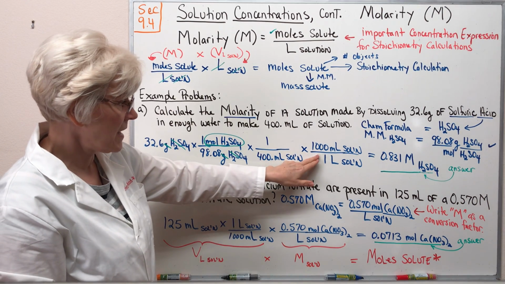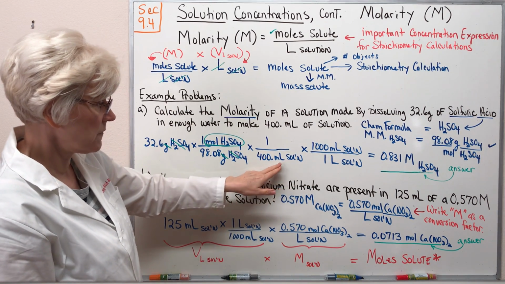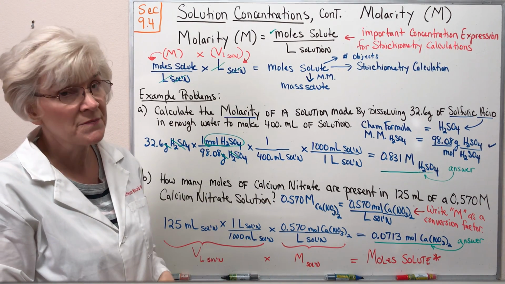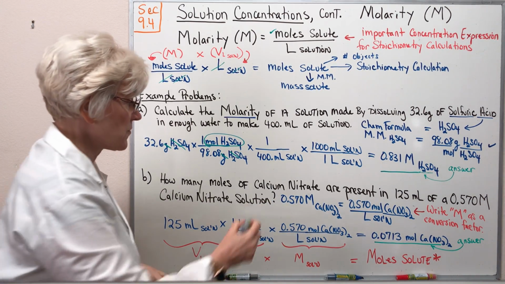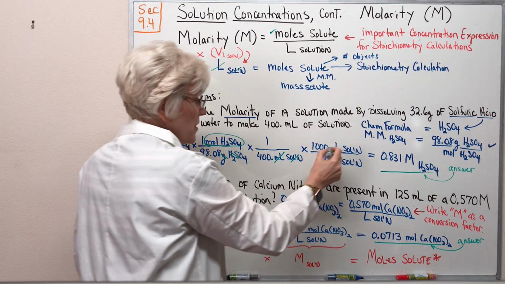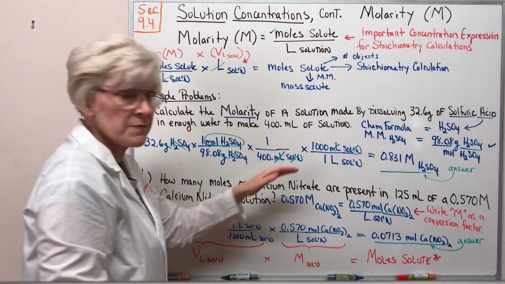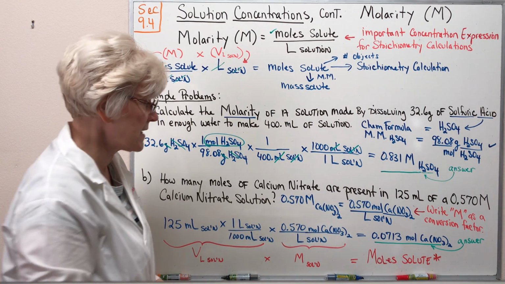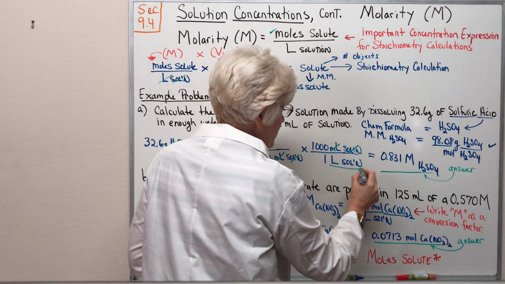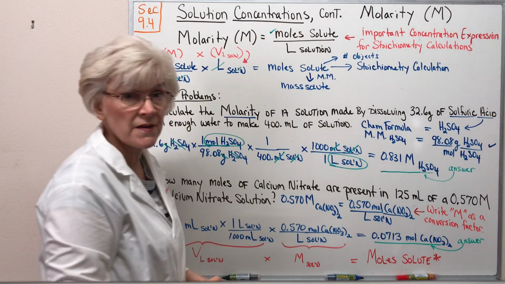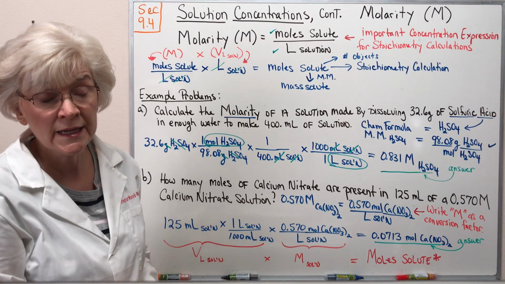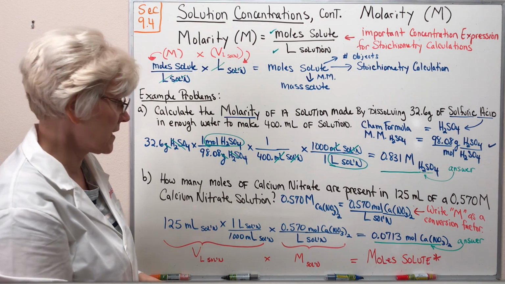So in the last step of this calculation, I'm converting milliliters of solution to liters of solution, something that we've practiced many times throughout this semester. So notice, according to how the dimensional analysis is working, our milliliters of solution is canceling, and we are left with liters of solution in the denominator, exactly what we need for a molarity calculation.